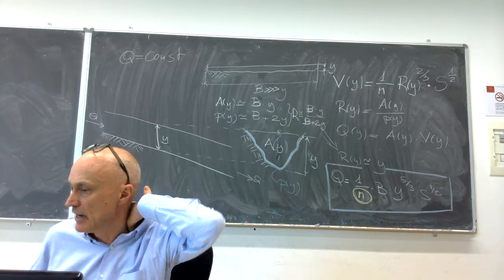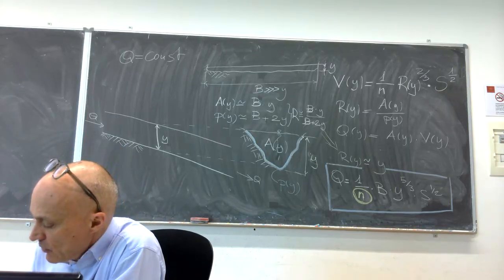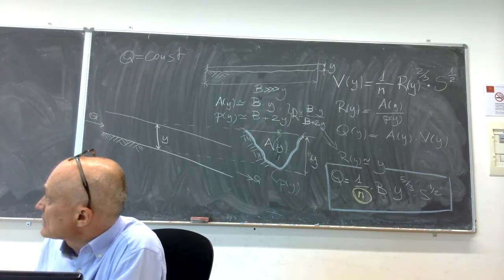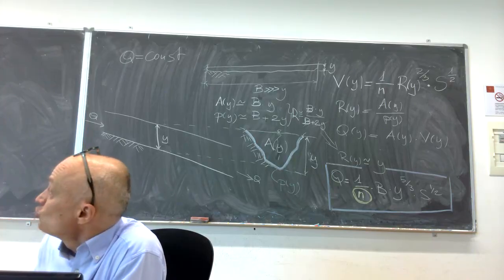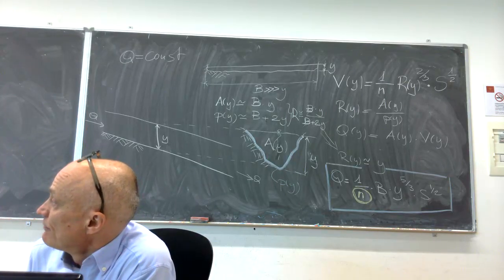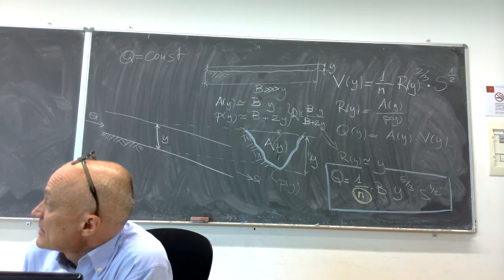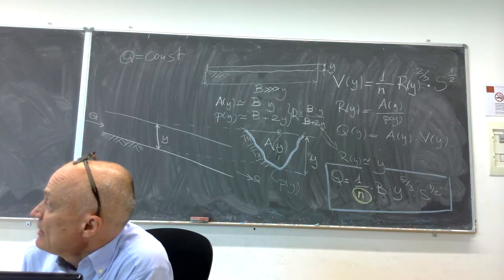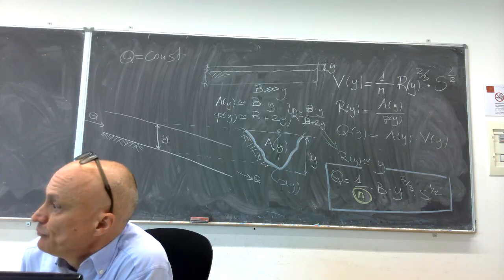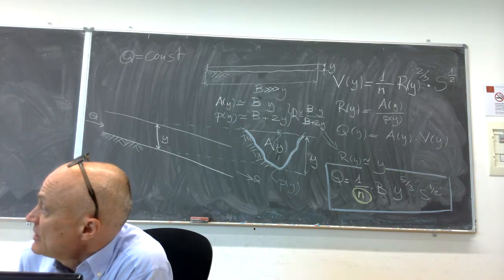Twice as much reduces significantly the velocity and the discharge. Of course, n is at the denominator, so if it is twice as much, the velocity and the discharge become half. Makes sense?